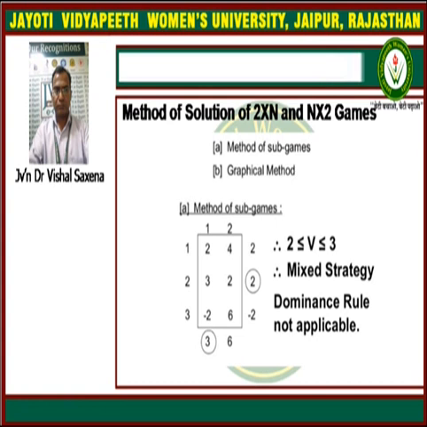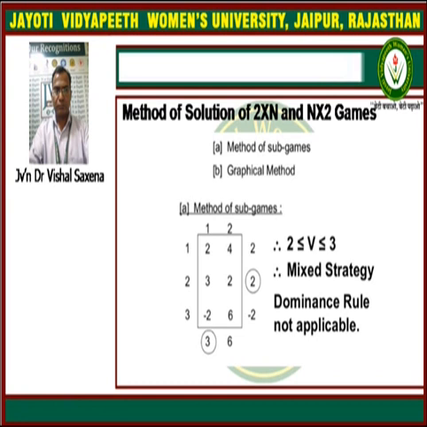The maximum of the row minimums, the maximin value, is 2, while the minimax value, the minimum of all the column maximums, is 3.